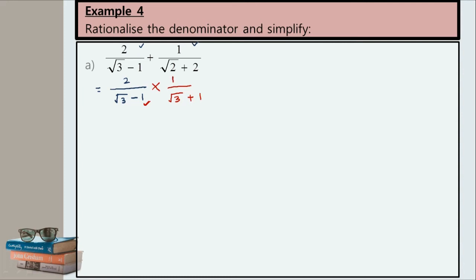So yang atas pun sama, times surd 3 plus 1. And then plus, we have 1 over surd 2 plus 2. So we need to multiply with the conjugate untuk kita punya denominator, surd 2 minus 2. Atas pun sama, kita darab dengan surd 2 minus 2.